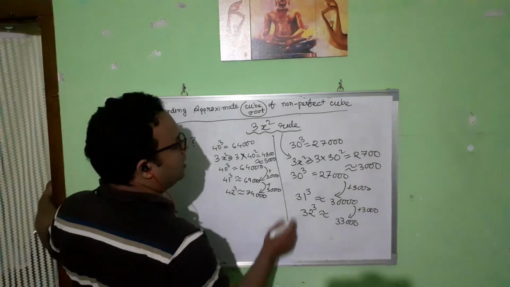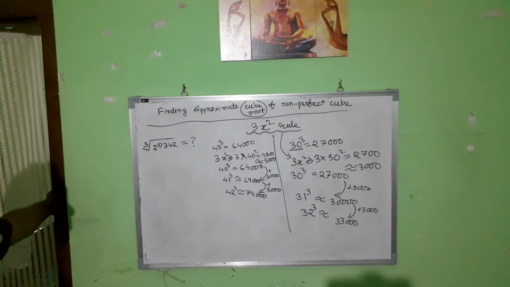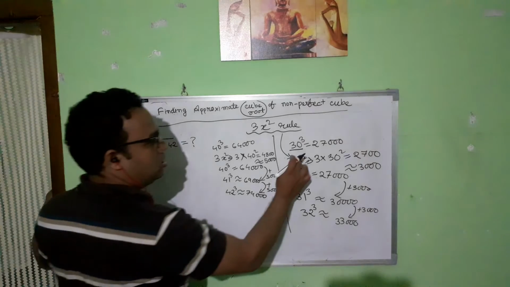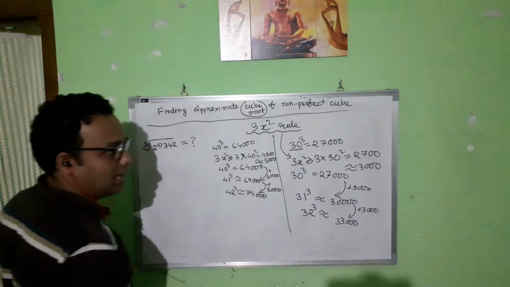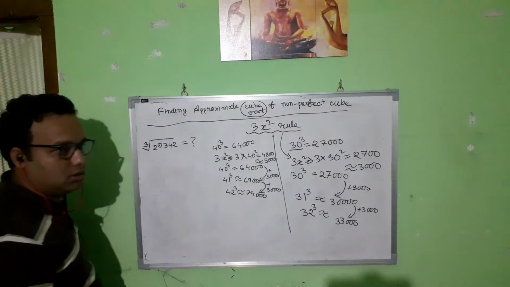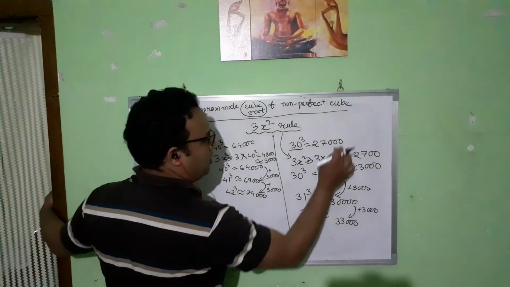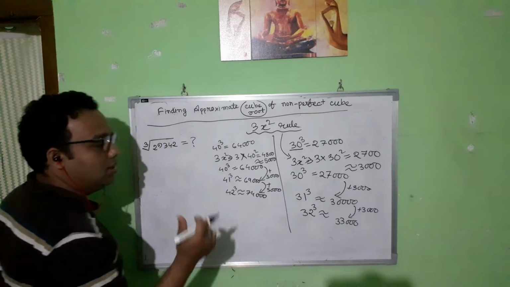So see, if I try to find the cube of the number 30, then 30 cube will be 30 into 30 into 30. You know 3 3s are 9, 9 3s are 27, and 3 zeros come, so 30 cube will give 27,000. Now this 3x square rule is really interesting.